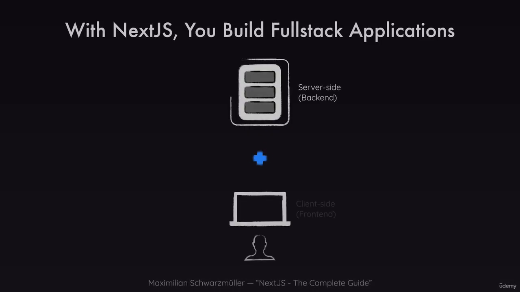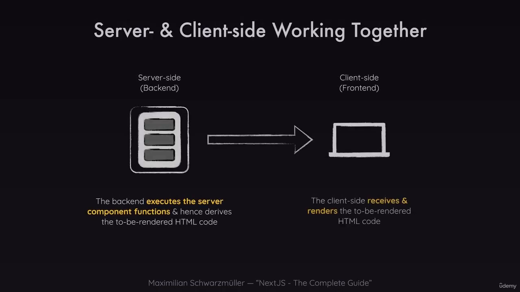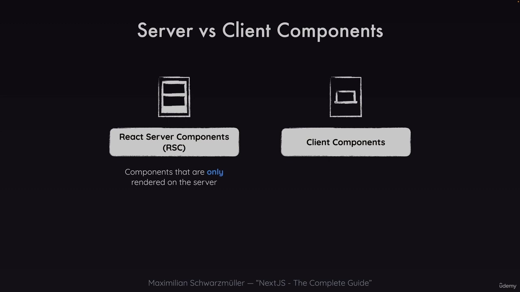With Next.js, that changes because Next.js is a full-stack framework. It has a backend, not just a frontend. And therefore, code also executes on that backend when working with Next.js. And for example, by default, all those React components you have in your Next.js project, no matter if they're pages, layouts, or standard components, are only rendered on the server. That's why they're called React server components.